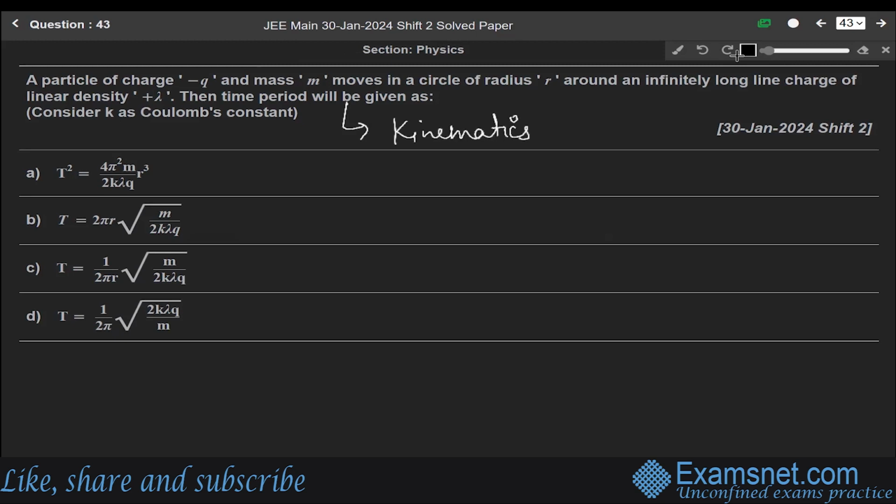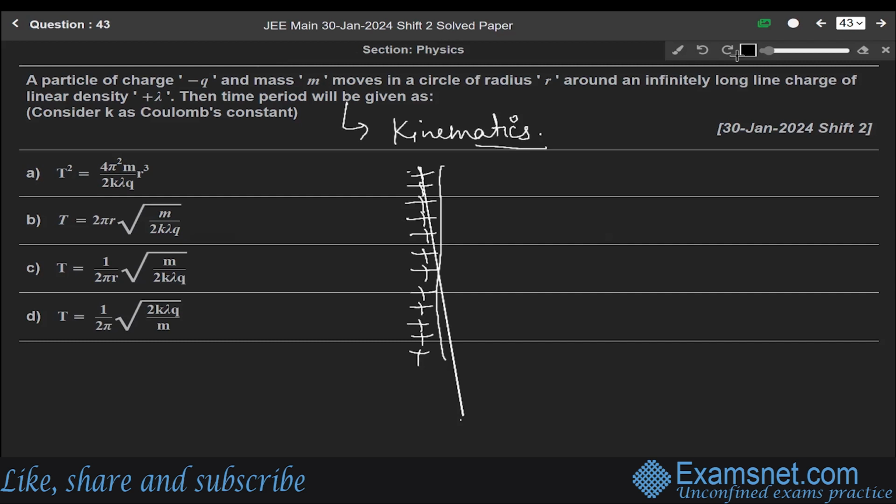According to this question, there is a linear charge density, let us say plus q charge uniformly distributed over this line.